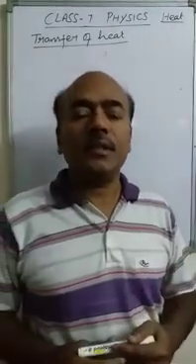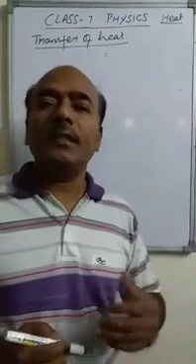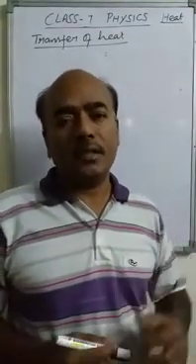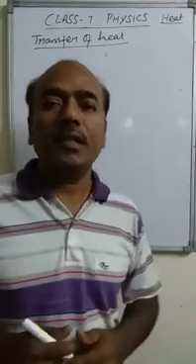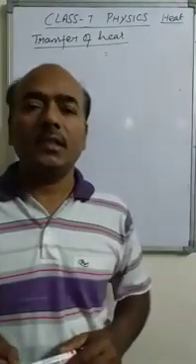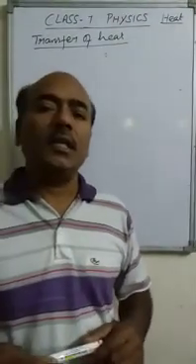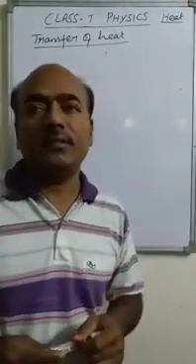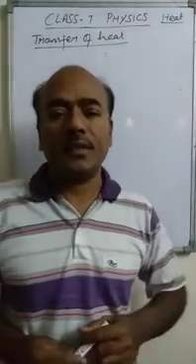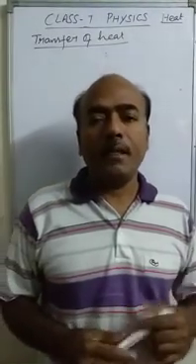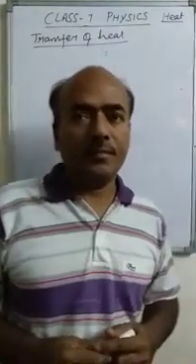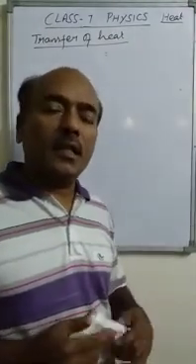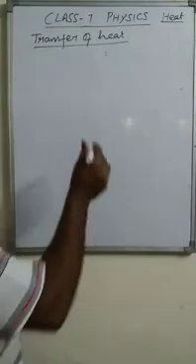In this process, the heat is transferred from the sun to the earth. The sun is a very hot object. From there, the heat traveled and reached the earth's surface. That is a process.